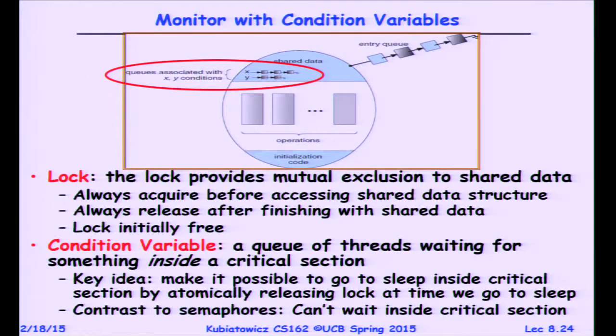Normally, if you grab a lock and then go to sleep inside the lock's critical section, we say that's a bad idea, unless you're in the kernel dealing with the scheduler directly, which I showed you a slide earlier. Normally, as a user, you should never grab a lock and go to sleep unless you're using a monitor. Then it's okay, because monitors have been designed to work that way.